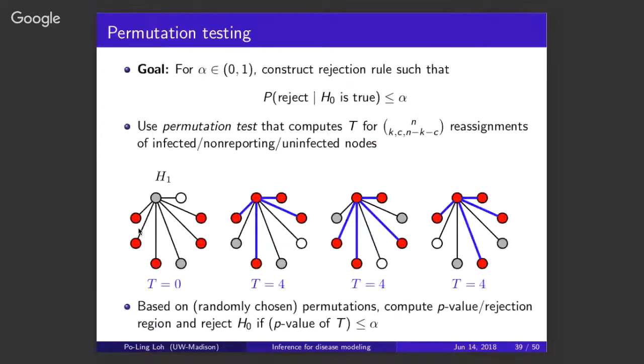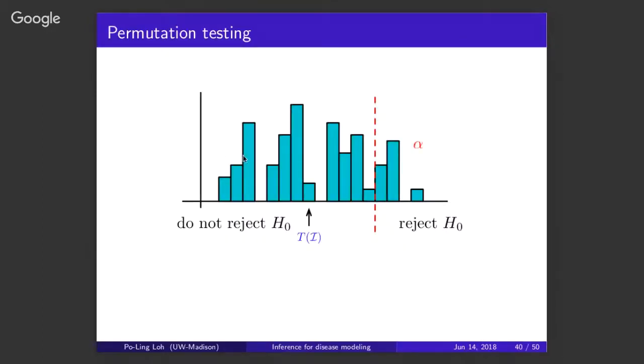So if the null hypothesis is in some sense exchangeable, meaning it really doesn't matter what permutation I put on the red and gray and white things, then permutation testing will in fact give me a faithful representation of what the distribution looks like under the null. And so that's why this works.